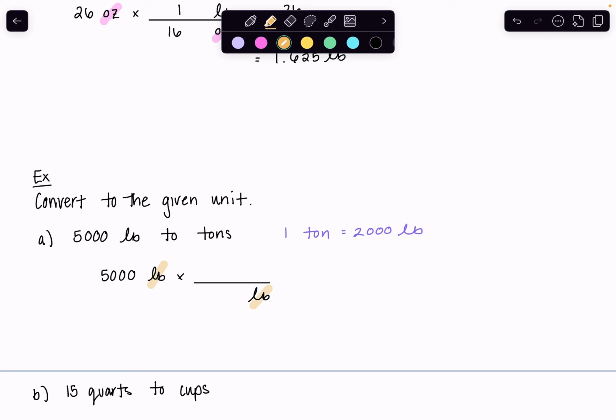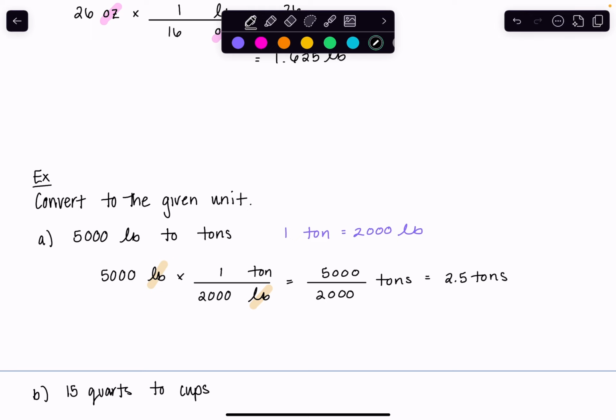So this way it cancels, and then tons will go in the top. 1 ton is equivalent to 2,000 pounds. So all that's left in the numerator is the 5,000, the denominator is 2,000, and tons is the unit that remains. So 5,000 pounds is equivalent to 2.5 tons.